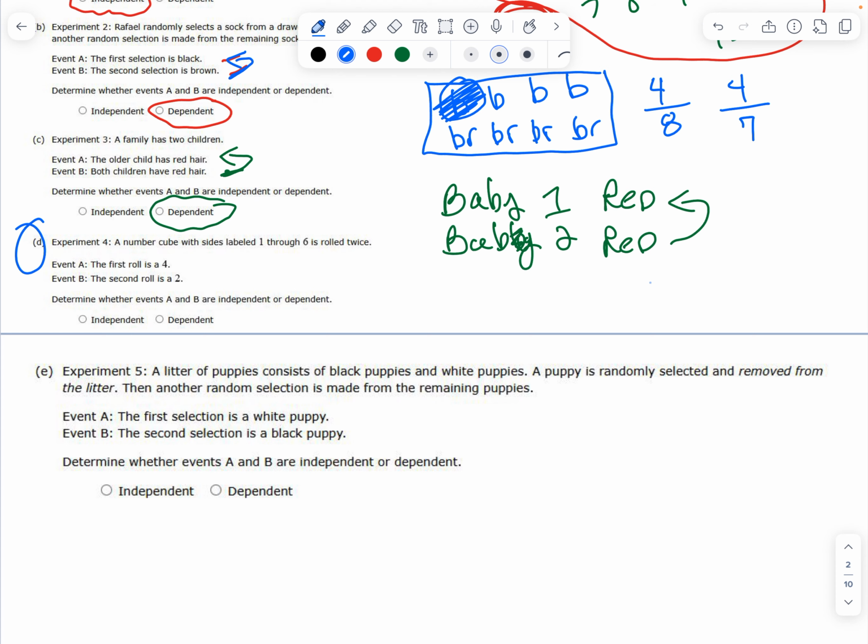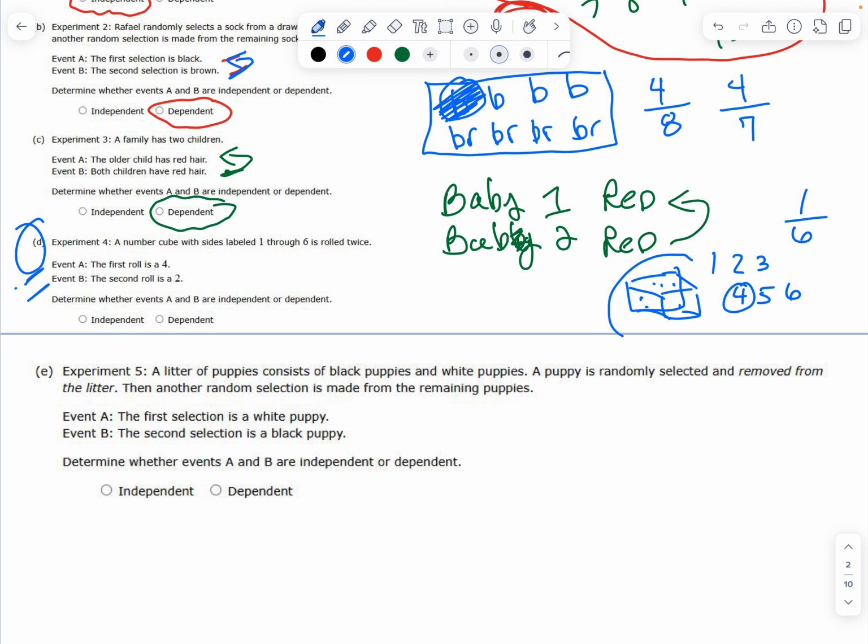Experiment 4. So we have a number cube. They always call it a number cube. It's a die. We all know that, right? It's got six sides to it. So event A, they roll a 4. Well, if you have 1, 2, 3, 4, 5, 6 options, and you roll a 4, that's a 1 out of 6 chance of that happening. Now, the second event is rolling a 2.